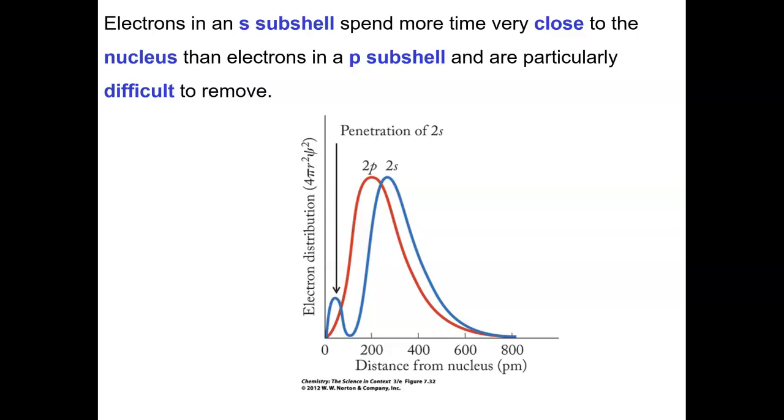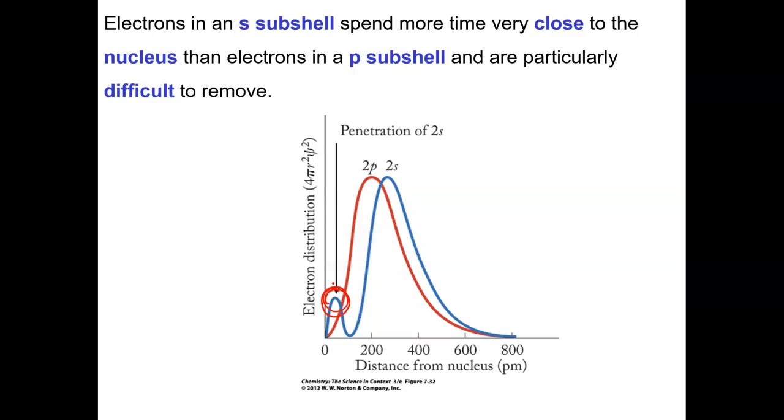So to understand those exceptions, we need to think about what we call orbital penetration. Electrons in an s subshell spend a lot of time very close to the nucleus.